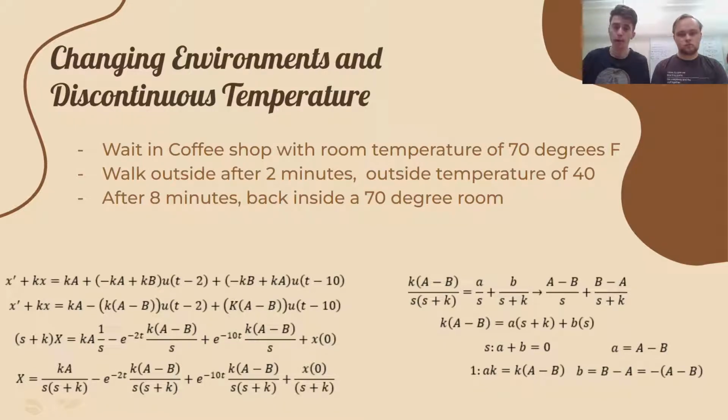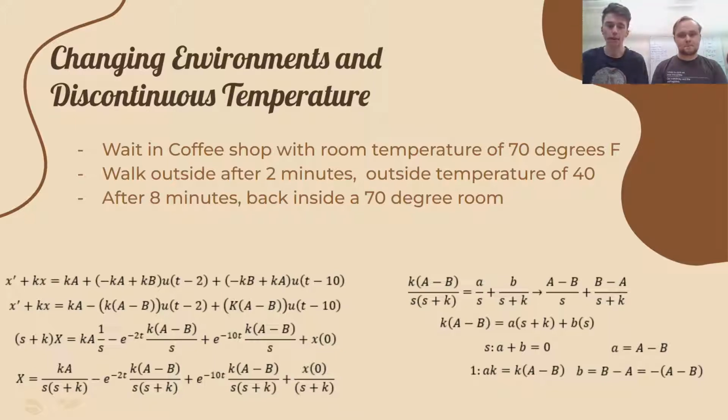So now if we solve for x, dividing that s plus k down to the bottom, we get what we're going to try to take the inverse Laplace of now, but it's nothing pretty. So we're going to use partial fraction decomposition for that Ka, the first thing, as we did previously.